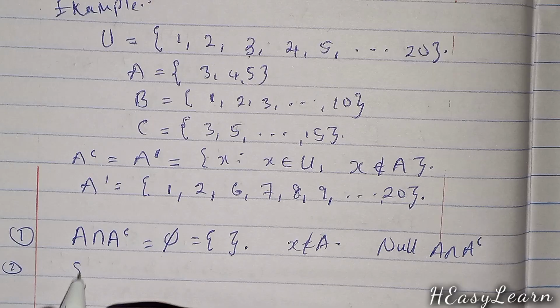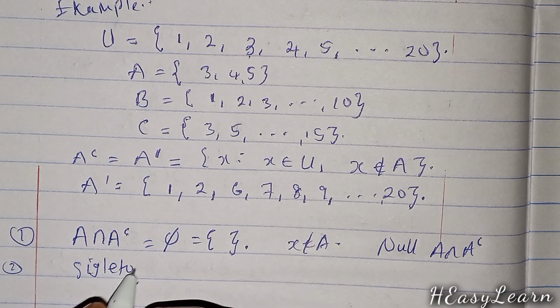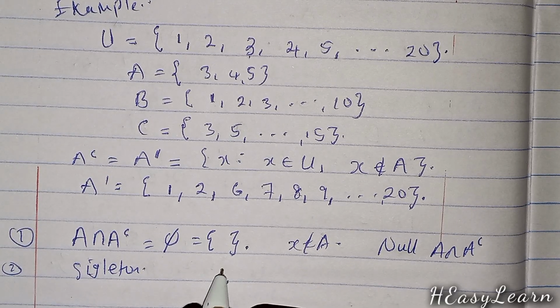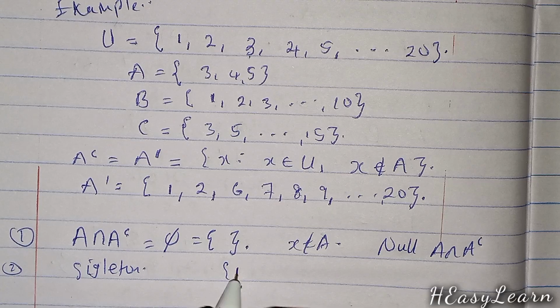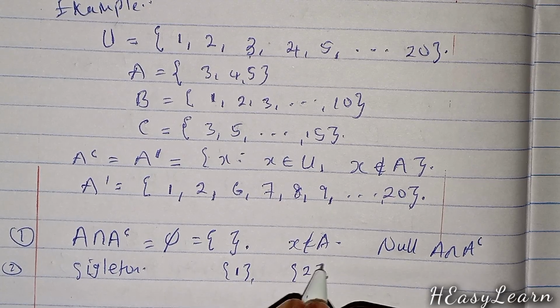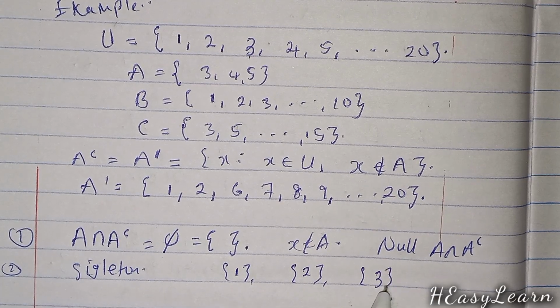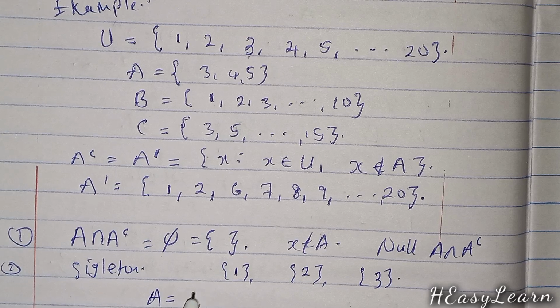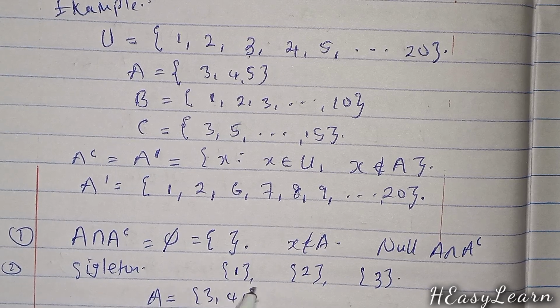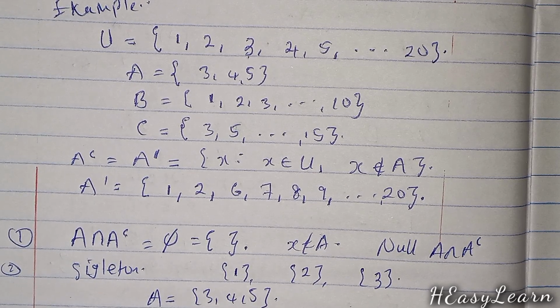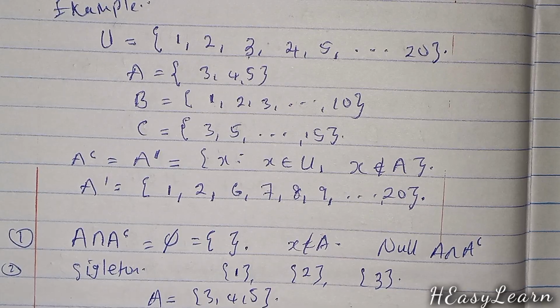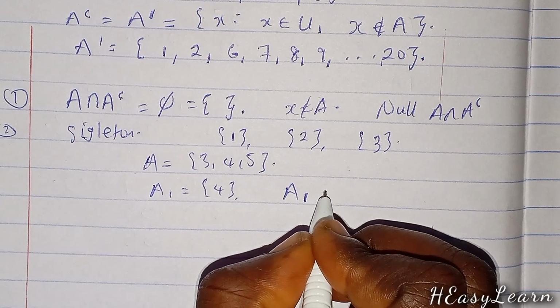So number 2, we have what is called the singleton set. Singleton sets are the sets that have only one element, only a single element. Example, we have A equals 3, 4, 5. Suppose we have A1 to be 4.